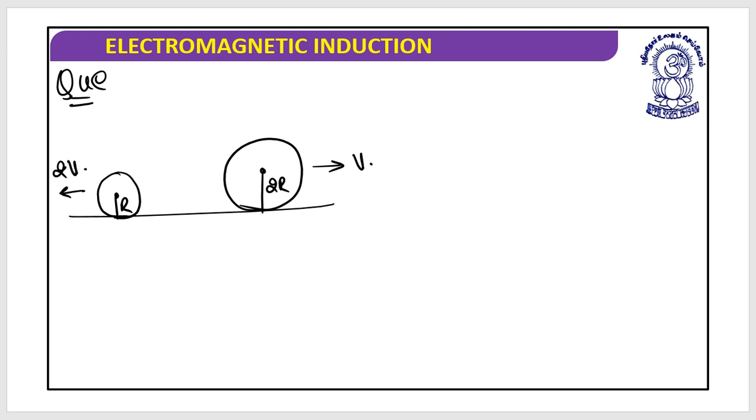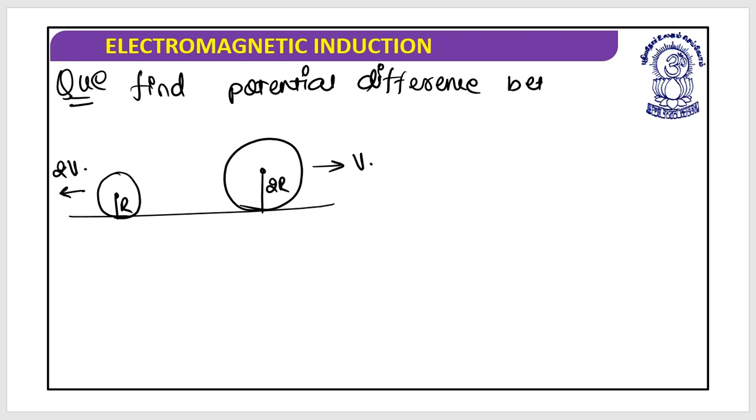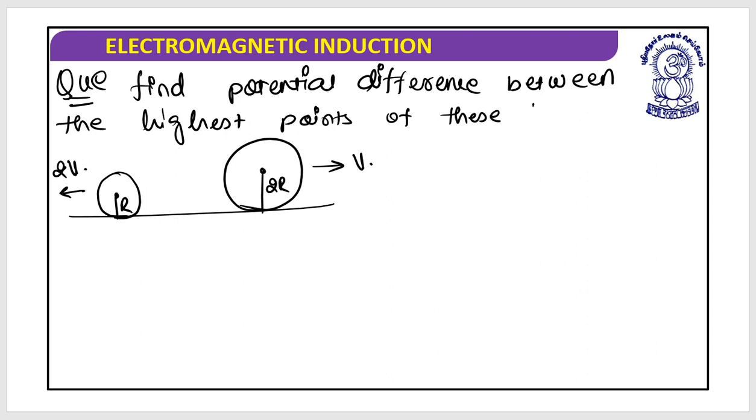What I need to find out is the potential difference between the highest points of these two rings. How will you do this? What can be done? What do you think?